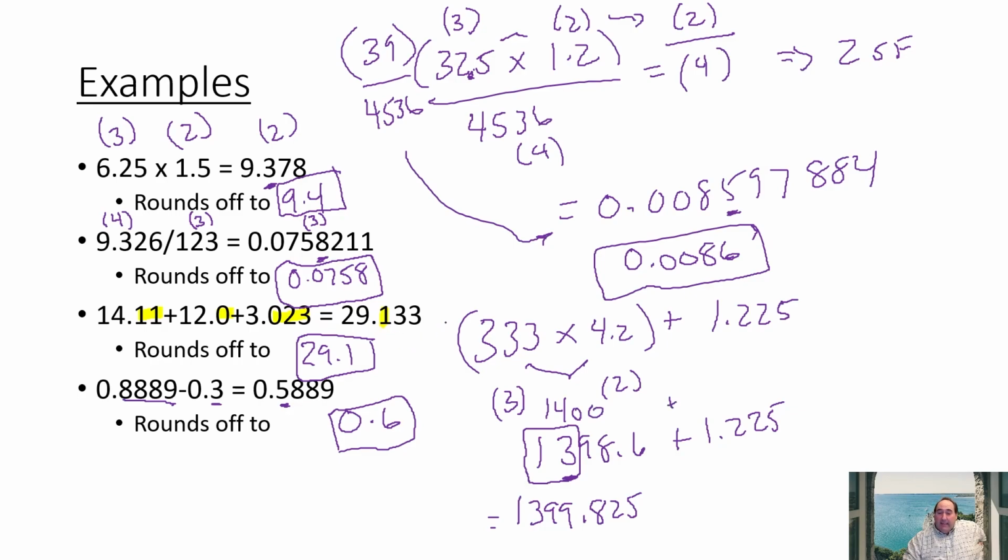And then I'm adding it to this number here. And now I should be looking at decimal places. That's 3 decimal places and no decimal places, which means really I should take this answer to no decimal places and round it up to 1400 in this case. So that is where we should really end up in terms of our answer.